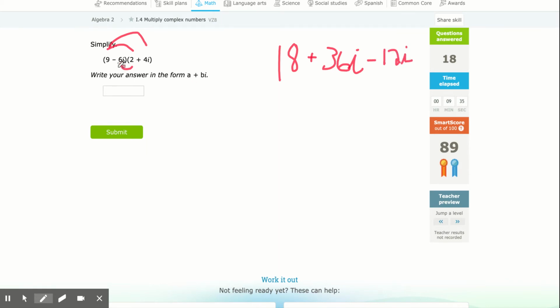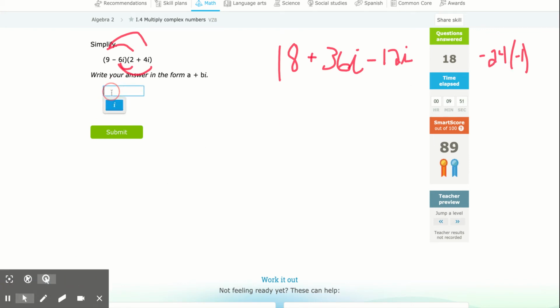And then I'm going to multiply the negative 6i times the 4i, which is going to be a minus 24i squared, which is a negative 1. So that's going to be plus 24. 18 plus 24 is going to be 42. And then the 36 minus the 12 will be 24i, or a positive 24i.